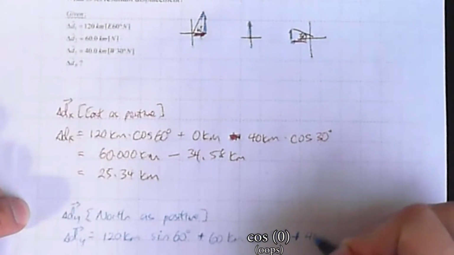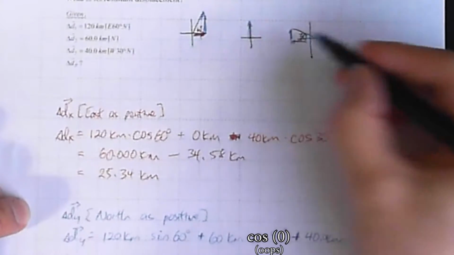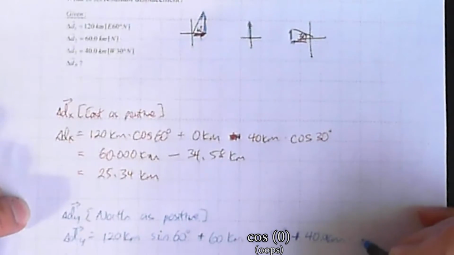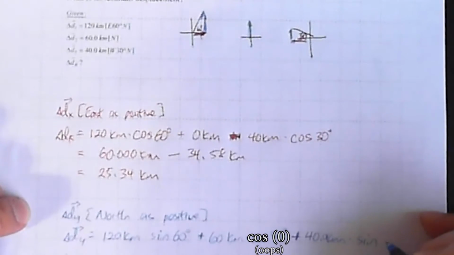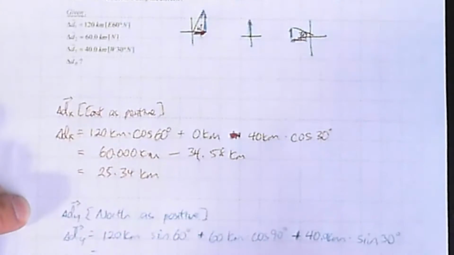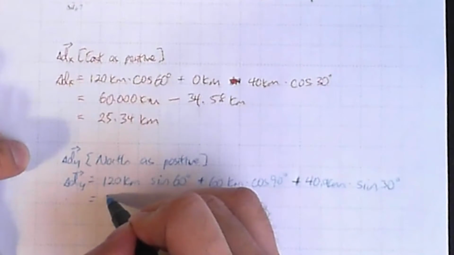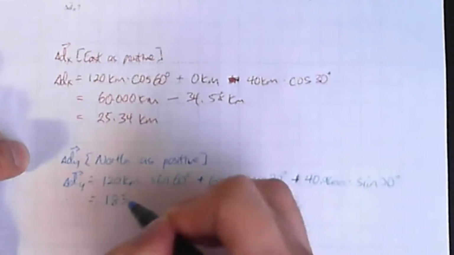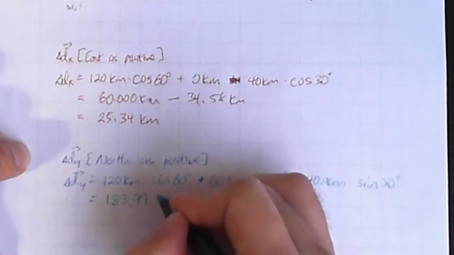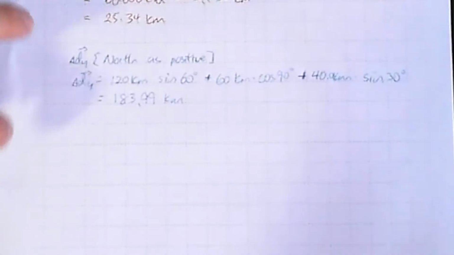We're going to add the hypotenuse times, this time around, again, this is on the opposite side, so that's why we choose sine again, the sine of 30 degrees. We go through the math of all three components, and the grand total will work out to 183.99 kilometers. So here's our horizontal component, here's our vertical component.